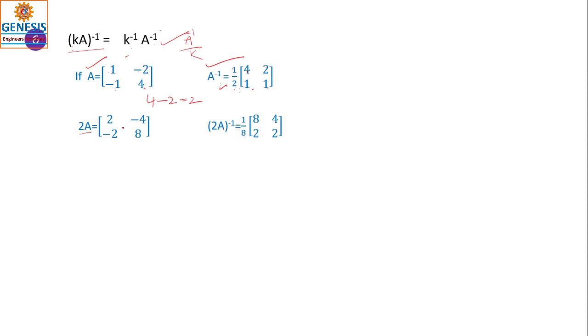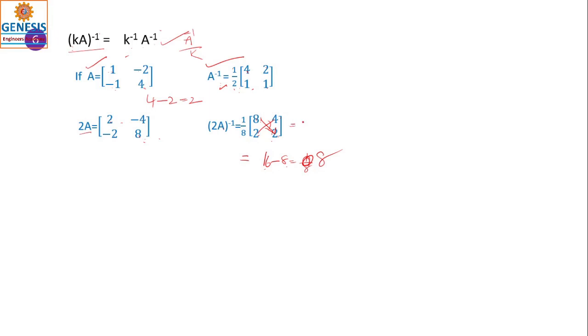If I want to find 2A inverse, it is 8 2 and this is 4 and 2. Its determinant is 8 into 2, 16, and 2 into 4, 8, 16 minus 8, it is 8. So its determinant is 1 by 8.